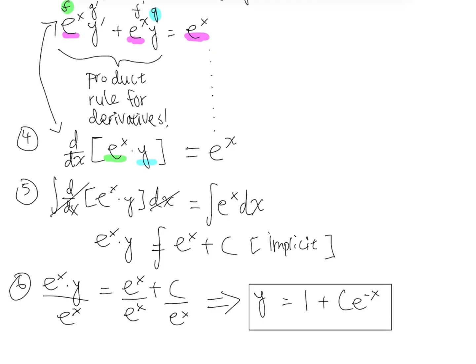Ooh, I'm not sure how that integral got there. Let me just erase that. And I wanted to make one more note up here for number 4. The derivative of the e to the x. Ooh, I don't feel like I need to make that note.